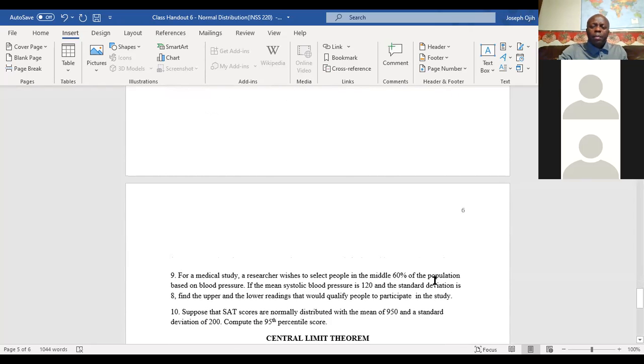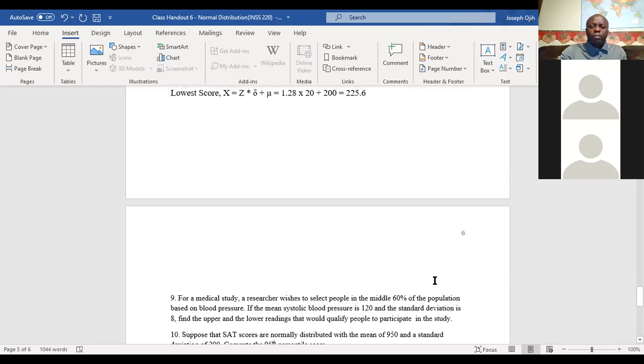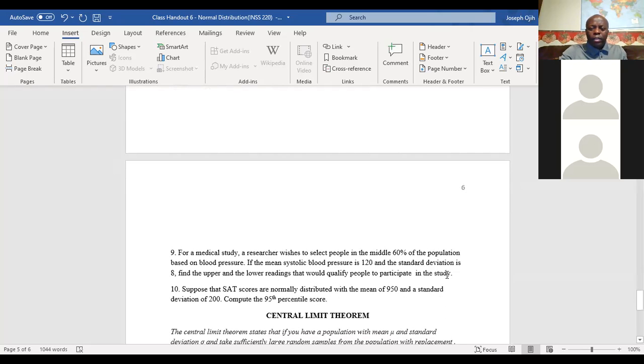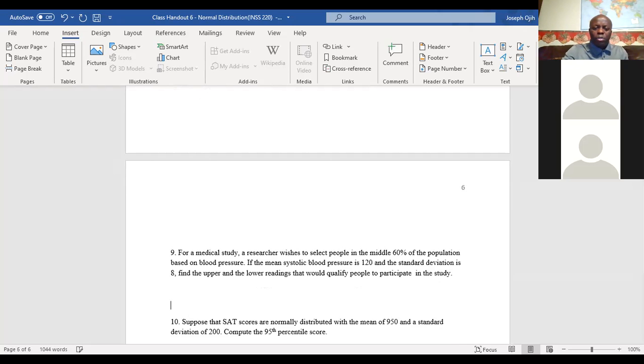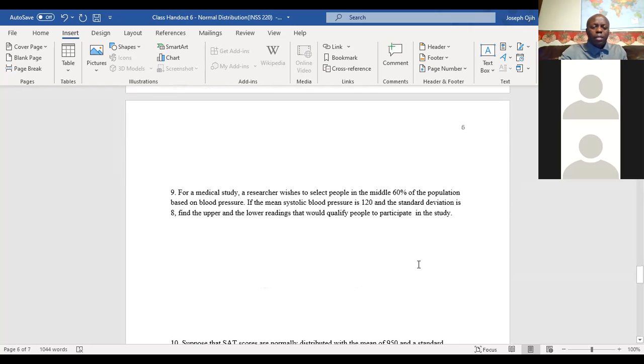Now, sometimes they might ask you this kind of question in a different form, and then it's still the same process. Use the probability that they gave you to find the Z, and then apply it. So let's look at in what form they ask the question. This one says, for a medical test, there is a study that wishes to select people in the middle 60% of the population based on blood pressure.